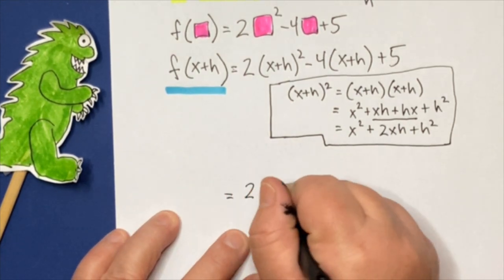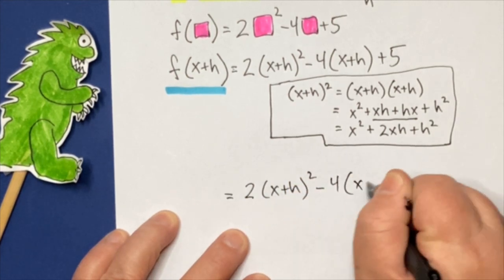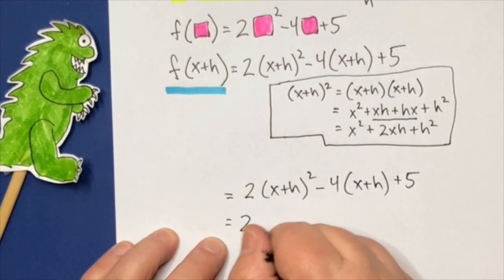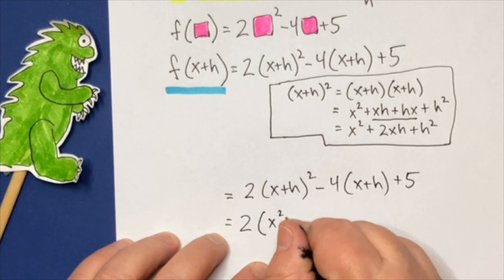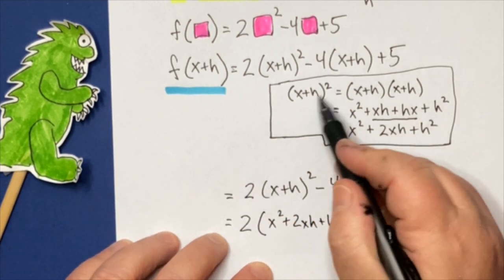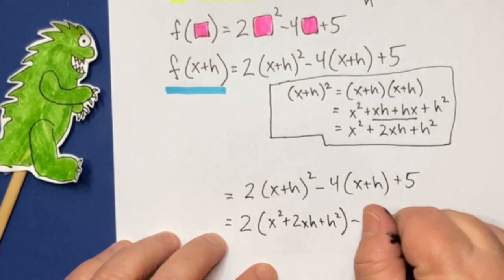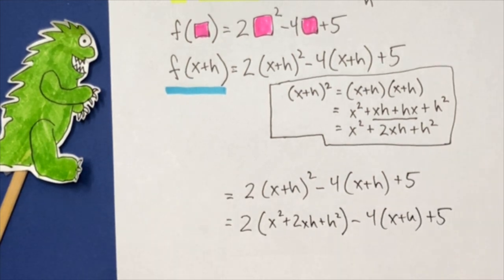So I've got 2 times x plus h, the quantity squared, minus 4 times x plus h, plus 5. So I've got 2 times x plus h, the quantity squared, which is x squared plus 2xh plus h squared. Do you have to write this all out? No. If you have this memorized, you're golden. You don't have to write it out. Okay, minus 4 times the quantity x plus h, plus 5.